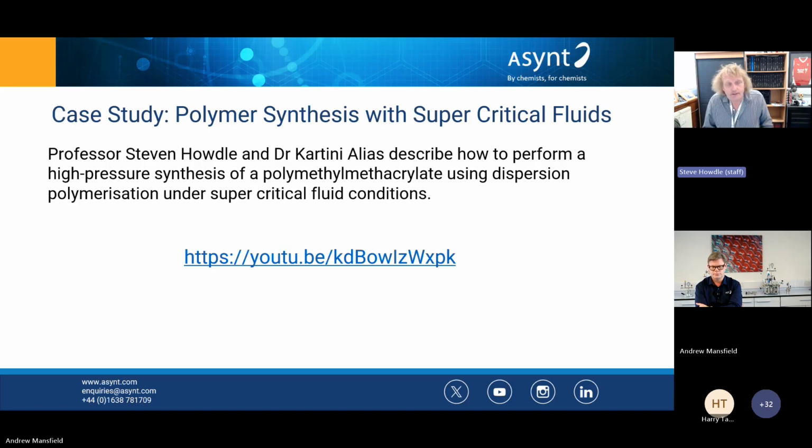Safety, of course, is at the very top end of everything that we do. It has to be when you're working with high pressures, because high pressure reactions are dangerous. We're working with supercritical CO2, so we actually fill our vessel with CO2 up to about 300 times atmospheric pressure, so 300 bar, and at temperatures up to about 125 degrees C. So they're quite forcing conditions, and we wanted to be able to work safely under those conditions.